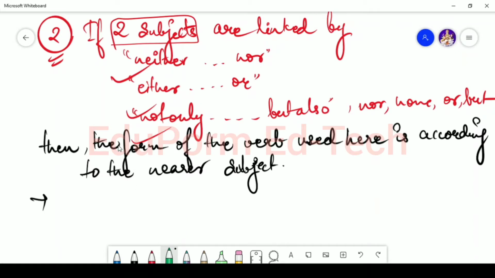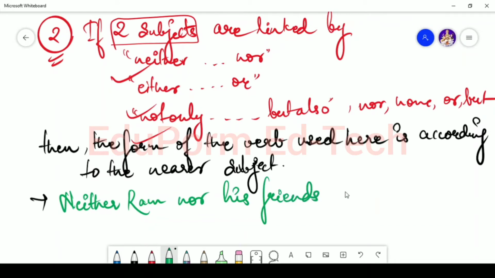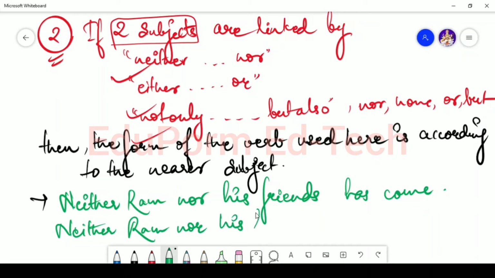Okay, let's say for example, neither Ram nor his friends has come, or neither Ram nor his friends have come.